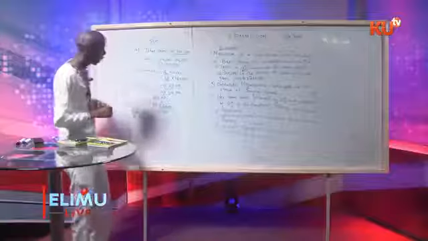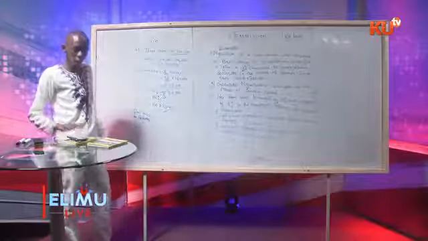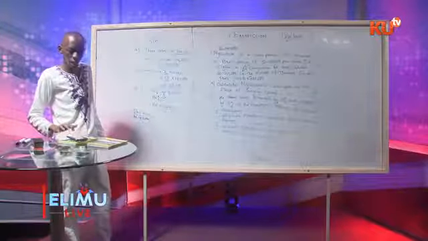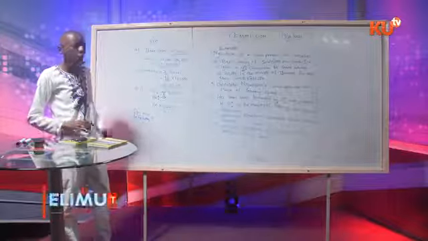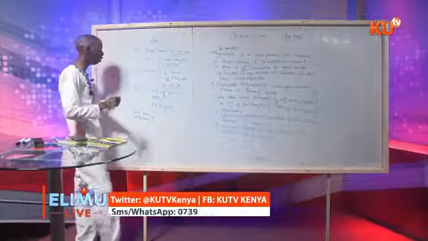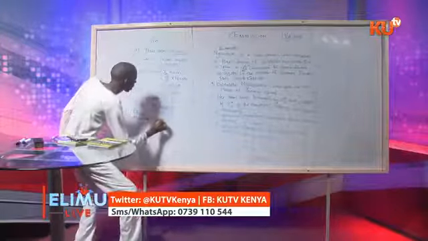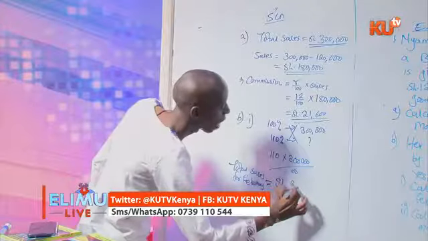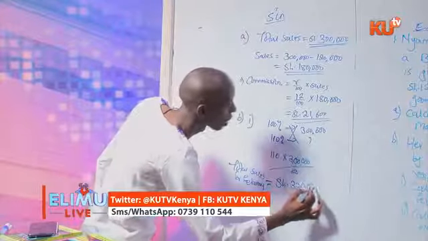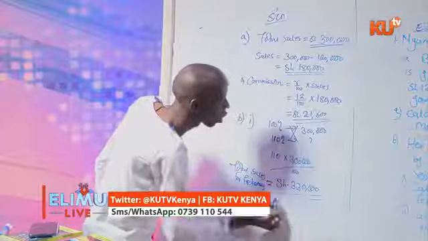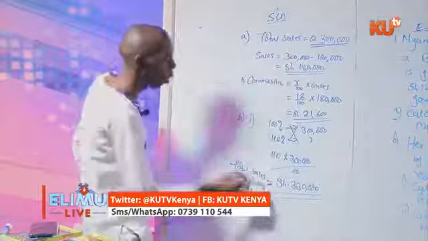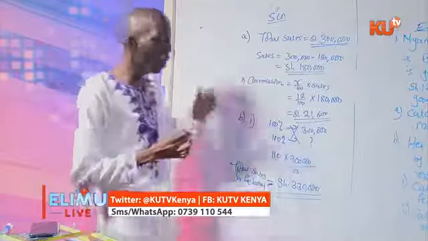110% of 300,000. So we'll take 110 multiplied by 300,000 divided by 100, and we'll get the total sales for February as 330,000. Now, this is the total sales for February. I want to repeat that step so that you may understand.